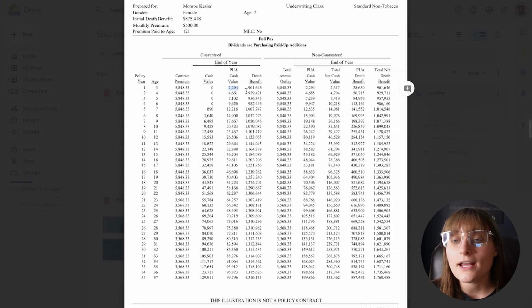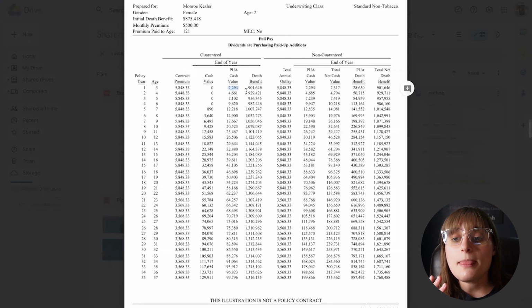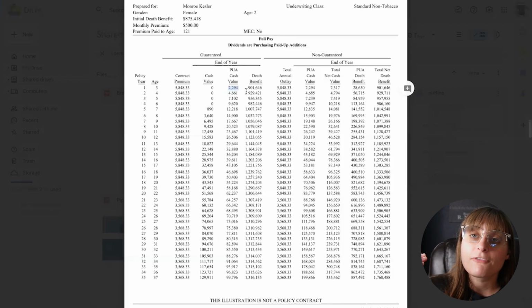Where I know if we're going to be designing this a little bit differently, and I'll get into those other illustrations too, this cash value in year one could be higher based on that policy design. And there are pros and cons to this, because Monroe doesn't need that upfront early cash value.